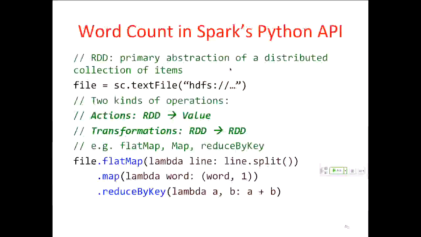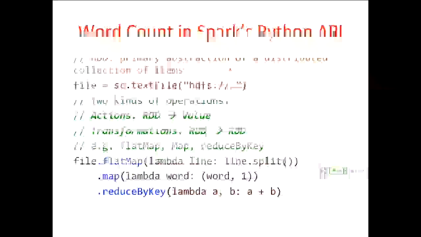There's another kind of operation, which is transformations, which get an RDD as input and generate another RDD, okay? Here we have flatMap and reduceByKey transformations, okay? For the map step, we generate word and count pairs, right?